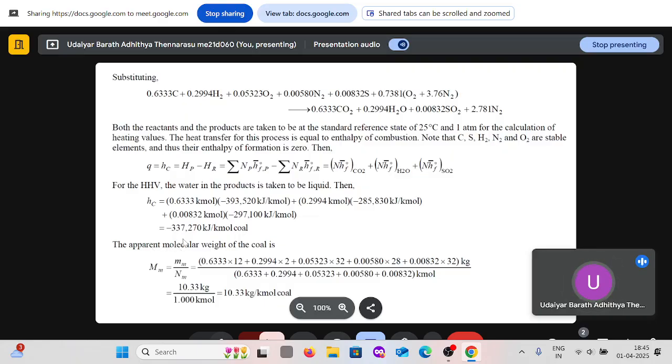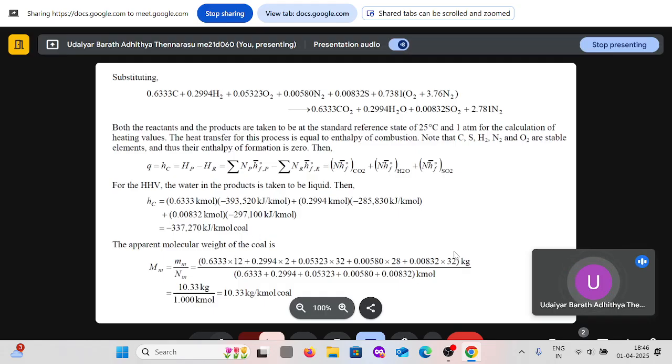Next we find the molecular weight of the coal, which is nothing but mass divided by mole. Since we know the mass fraction, we multiply by the molar mass of each component: 0.633 is the mole of carbon times the molar mass of carbon, which gives the mass of carbon present.